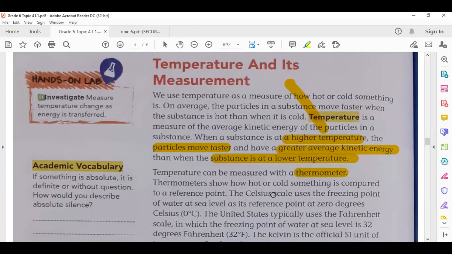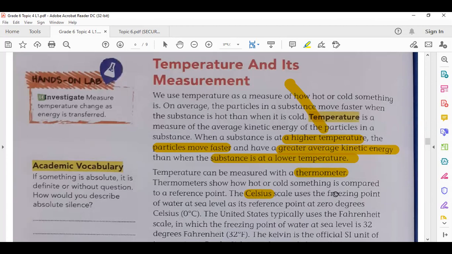The first scale is the Celsius scale. This is the most commonly used scale. Most of the countries all over the world use this scale.